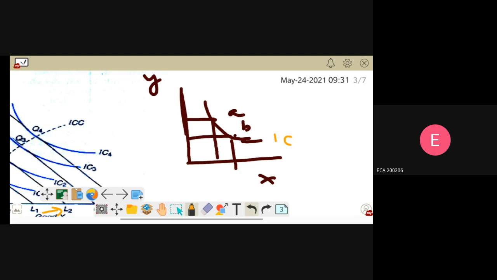Indifference curve. So indifference curve is a curve, the locus of different combinations of good Y and good X, which gives the consumer the same level of satisfaction.